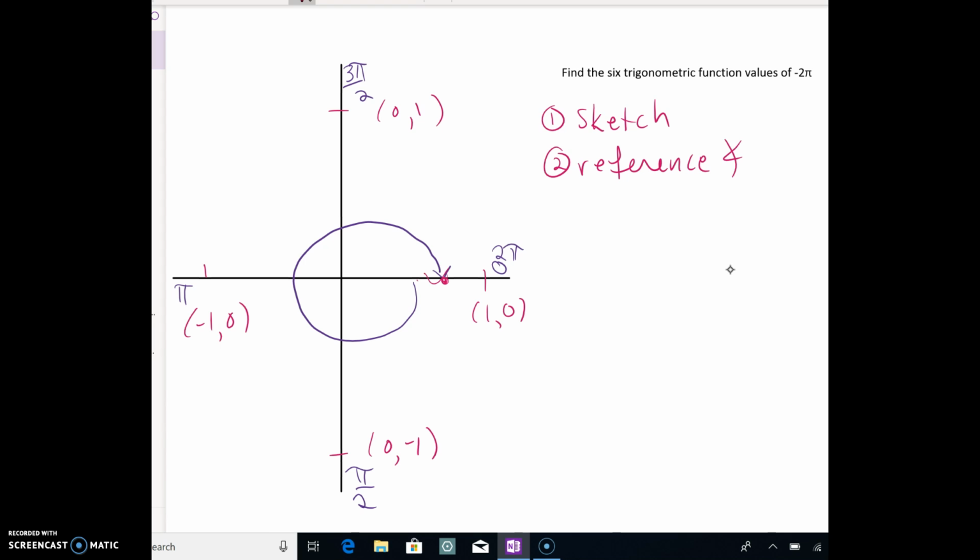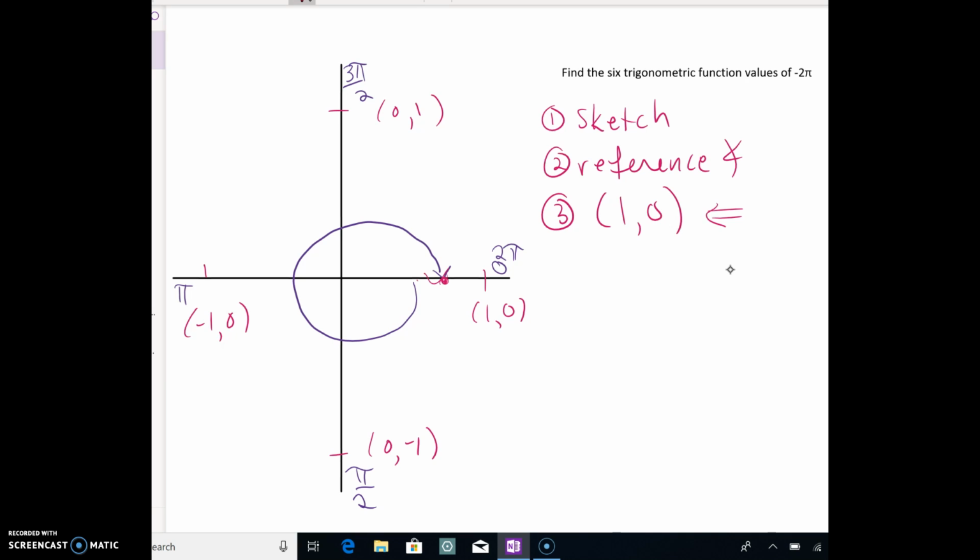We don't have to move any degrees. Now we know that 0 degrees corresponds to the ordered pair (1, 0). Because we're on the positive x-axis, we're not going to change our sign. So our terminal point is (1, 0).